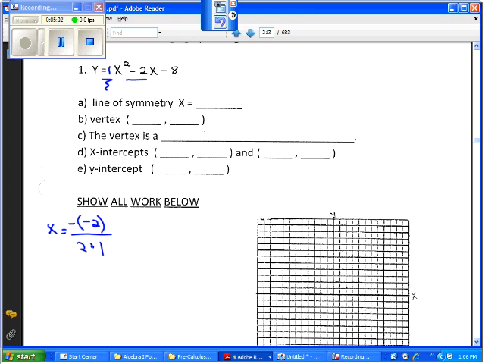Opposite of b over 2a. The opposite of a negative 2 is a positive 2. 2 times 1 is 2. 2 divided by 2 is 1. So my line of symmetry is the vertical line x equals 1.